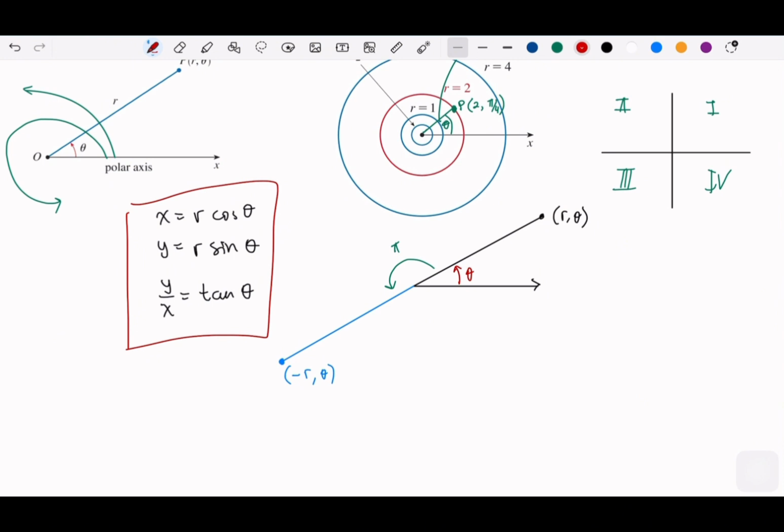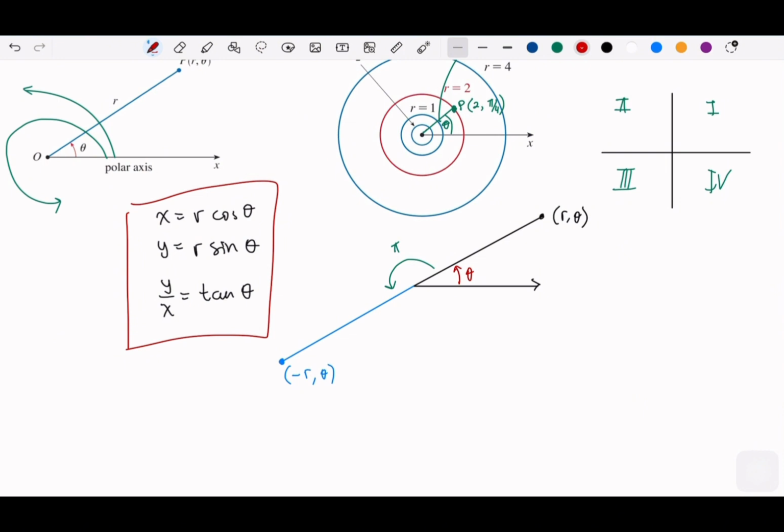From that perspective, if we shift by pi, let's say from 1, it will move to 3, and from 2 it moves to 4. That's how we get our negative radius when we add pi. Later I will show practically how we find this when we sketch the curve. This is just how to see where the negative is on the polar system.